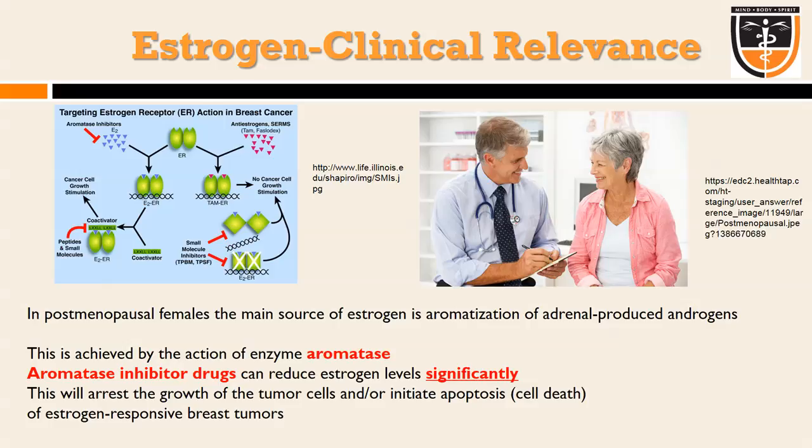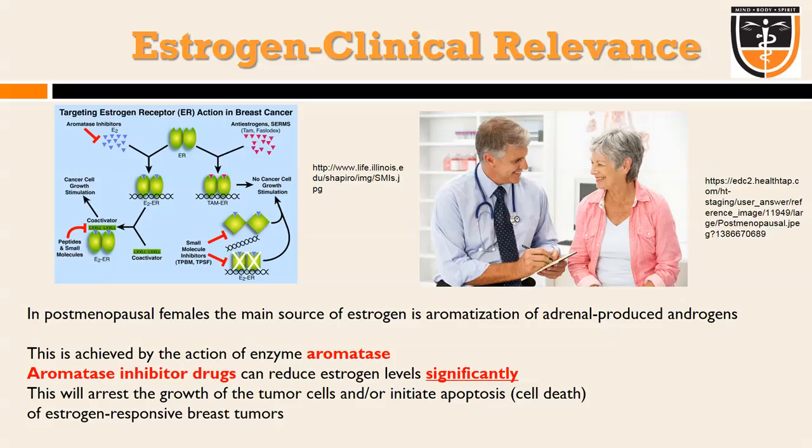So less estrogen, fewer cancer cells will grow because they need estrogen. So that's one of the therapies that is actually given. Now when the breast cancer cells don't receive enough estrogen, they'll choose to commit suicide, or they will be destroyed, or they will not grow properly; at least you can control their growth. So for postmenopausal women, you will give the aromatase inhibitor drugs.